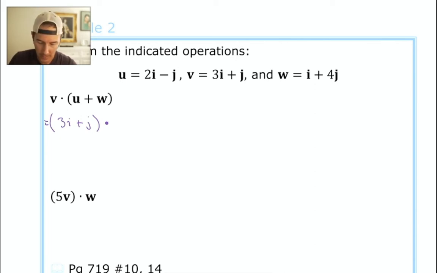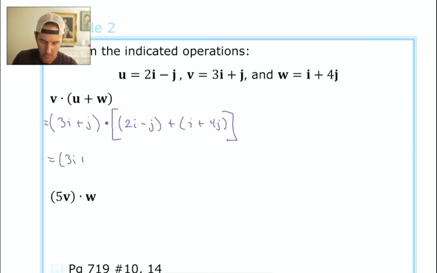So here it's definitely a dot, and I'm going to put in square brackets the sum of these two vectors. So I have vector u, which is 2i minus j, plus vector w, which is i plus 4j. Inside these square brackets, I'm going to combine like terms. I'm keeping the 3i plus j out front, still doing a dot with, and I'll write the result of my vector addition in parentheses.